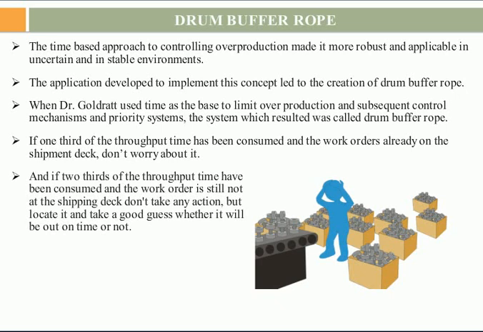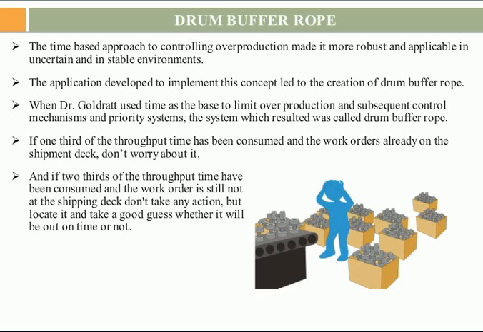And if 2/3 of the throughput time has been consumed and the work order is still not at the shipping deck, don't take any action, but locate it and take a good guess whether it will be out on time or not. And if more than 2/3 of the time has been used and this work order is still nowhere near finishing, it's a worry.